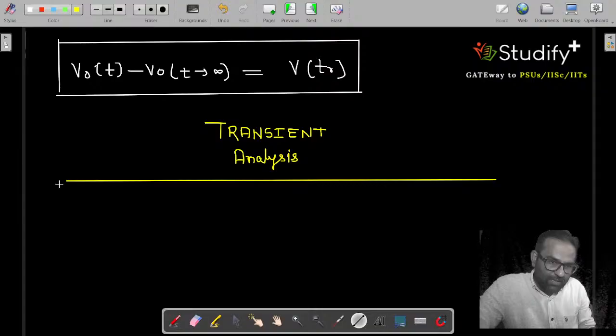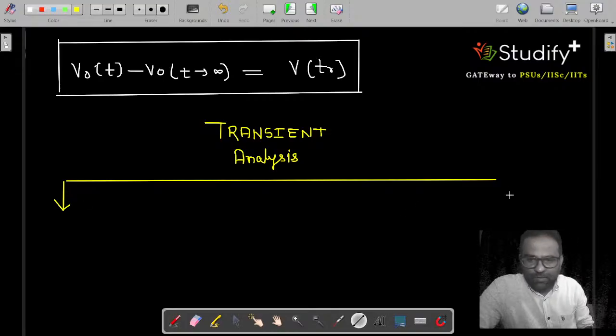The first part is using the time domain approach, or you can say using differential equations.